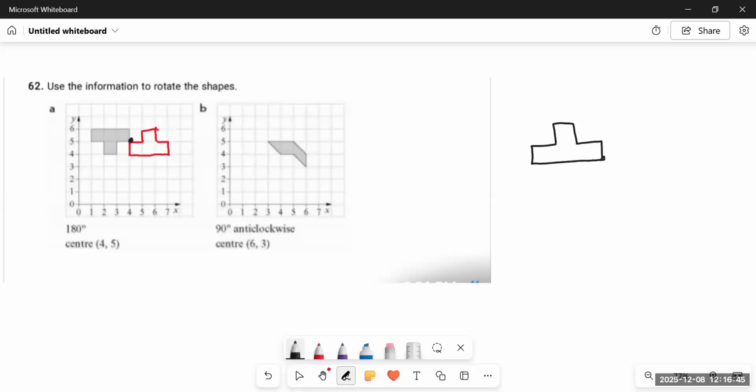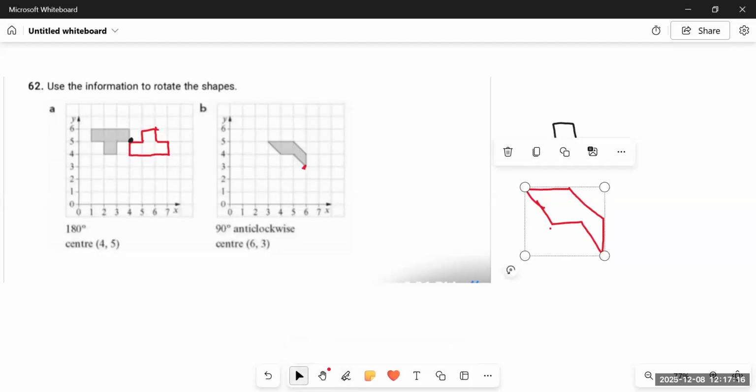And when we have to draw an image 90 degrees anti-clockwise, then what will happen? With center 6, 3. It's here. The image is looking like this somewhat, right? So when we rotate it 90 degrees anti-clockwise.